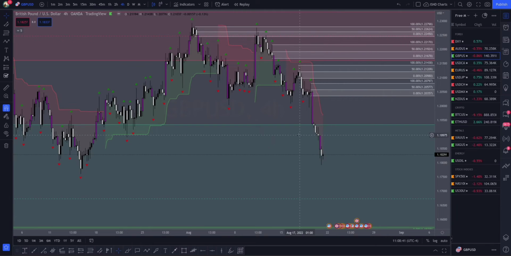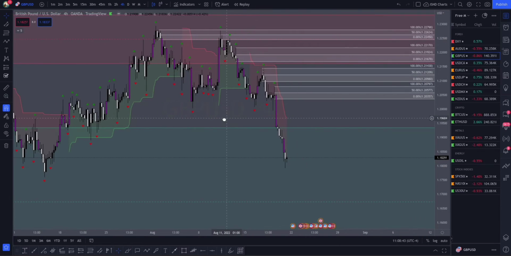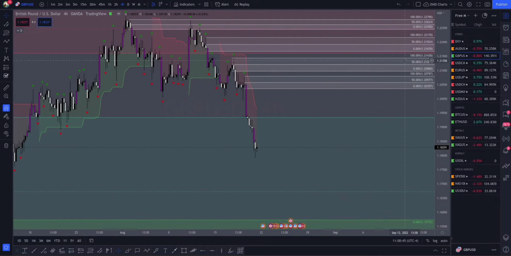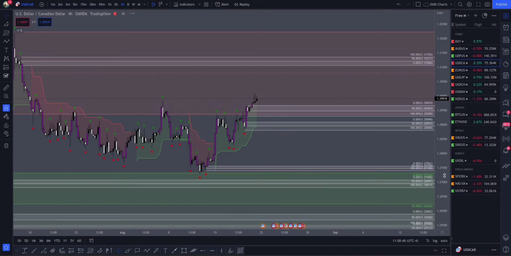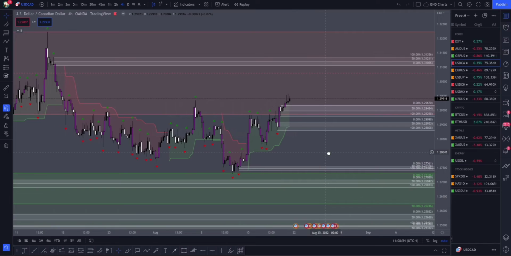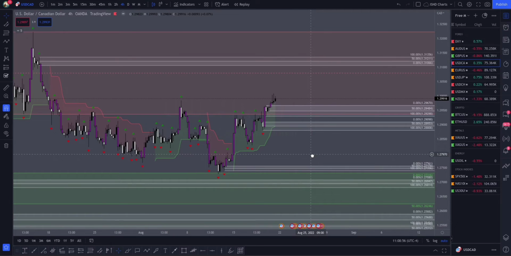That is Pound USD. Now, USD CAD. Short-term currency bias is short for this pair, so I'm looking for a 4-hour supply to be tapped into.